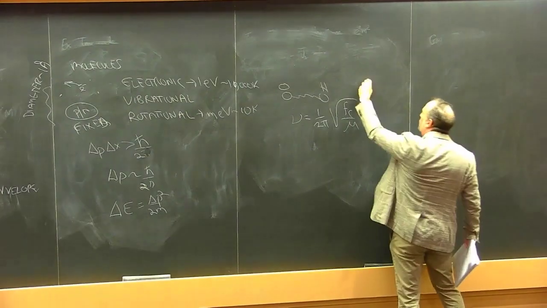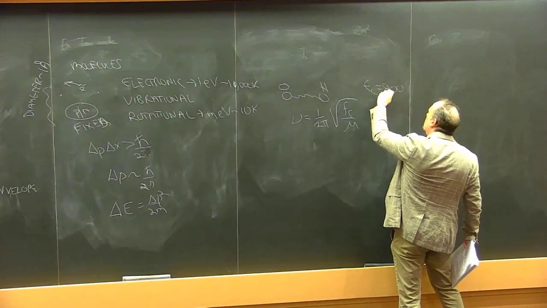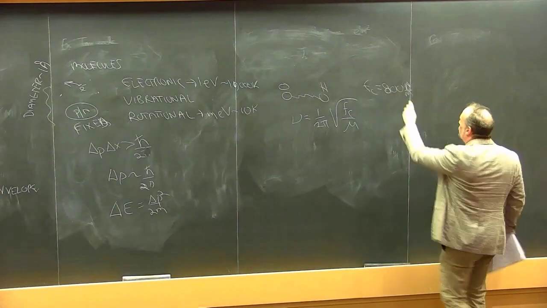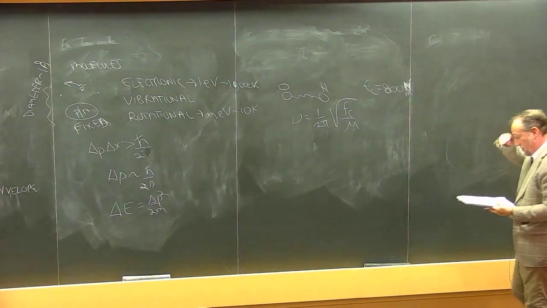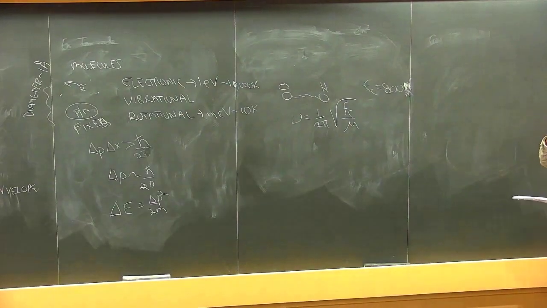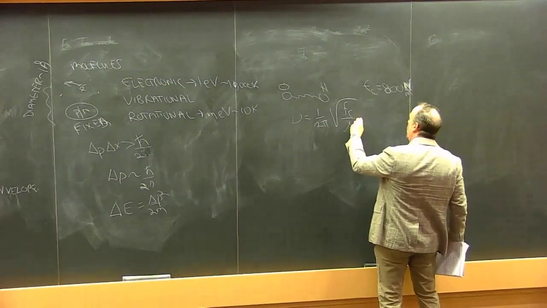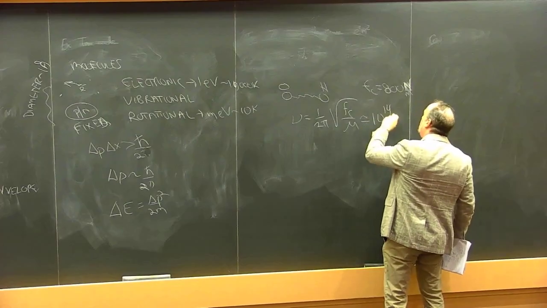And the force constant for water, you can calculate it. It's not easy to figure out. In this case, it's about 800 Newton per meter. If I stick that in with the mean molecular weight for water, that vibration is of order 10 to the 14 hertz.